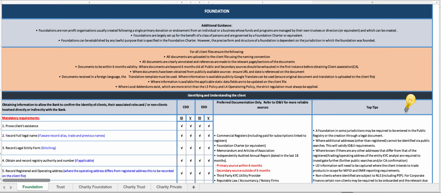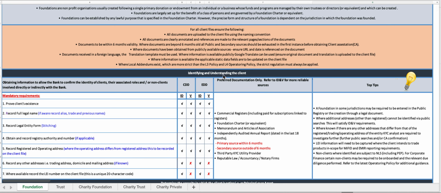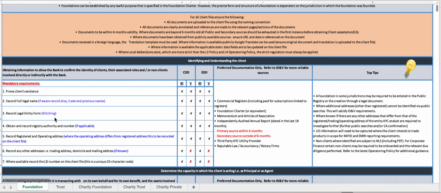So, one of the key elements to look for is basically to identify and understand the client. What you would need to know is you need to prove the existence of the foundation. Okay, you would need to have a record of the full legal name, and if aware, record alias, trade, or previous names. So, any kind of names that is recognized by that individual business.